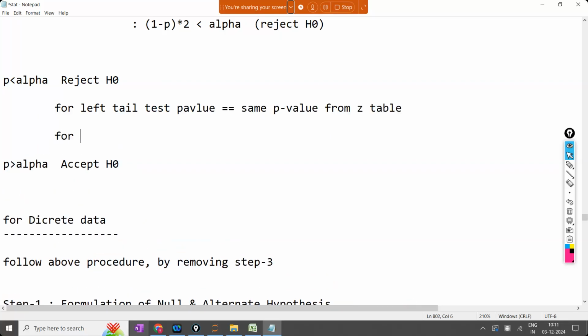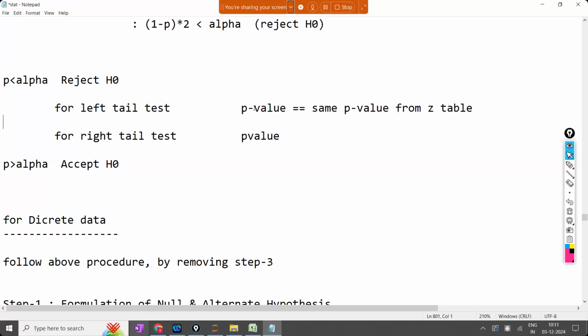For a right tail test, the P value is equal to 1 minus the P value which you have received from the Z table.